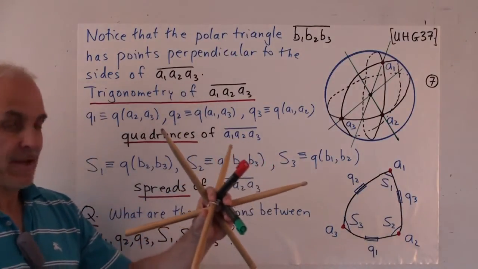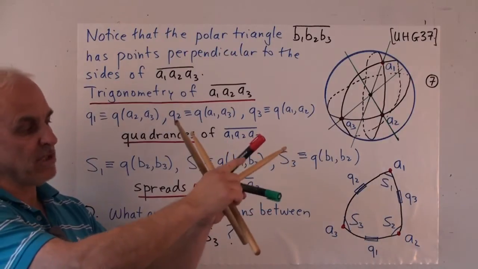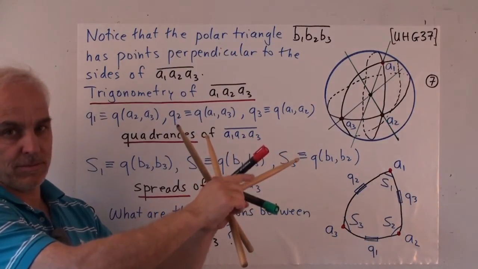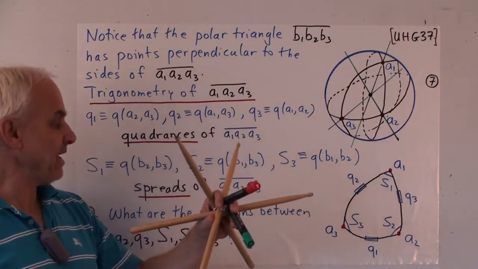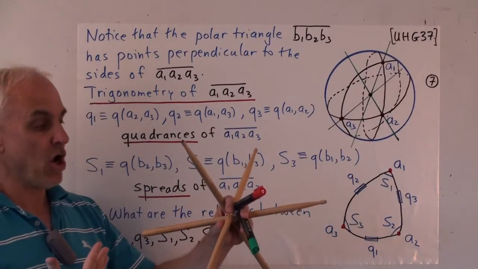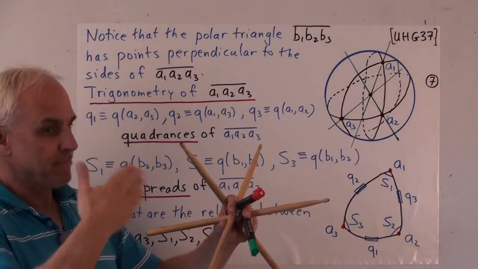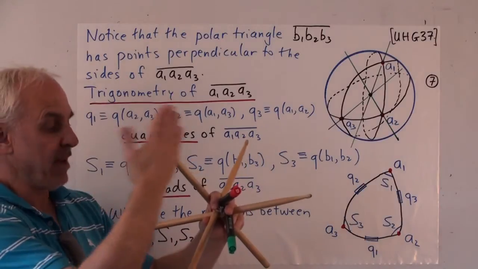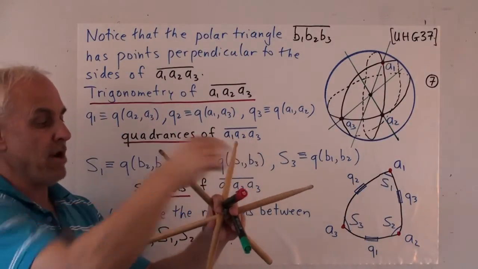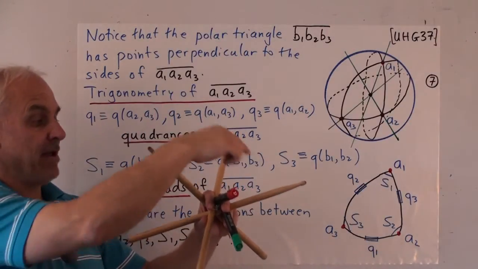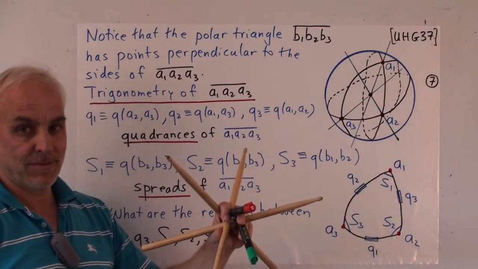Okay. And what we're saying is that the quadrance between those two is really a reflection of the separation between the plane A1 and A3 and A1 and A2.